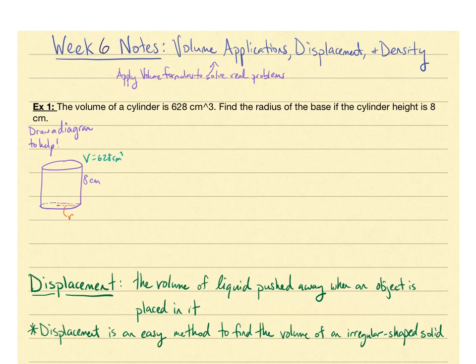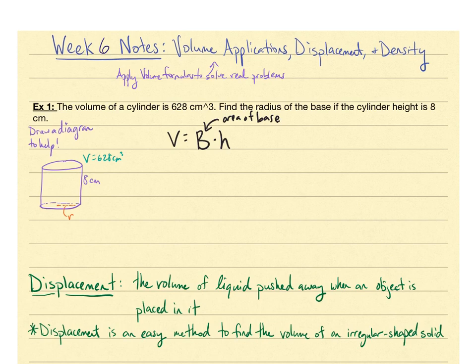So let's take a look at this problem. If you remember, the volume formula for any sort of prism is the area of the base times the height. Notice I use the big B to represent the area of the base, not like the base side of a triangle or something like that. No, we're talking about the area of the base.